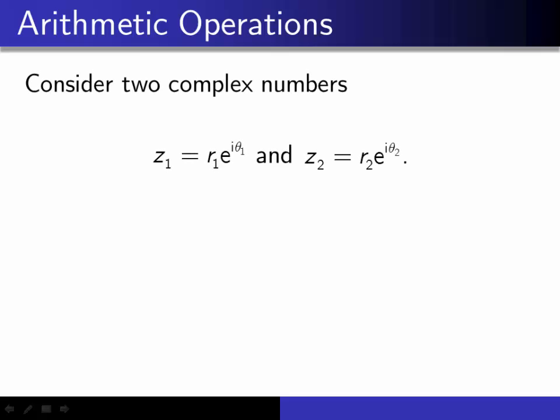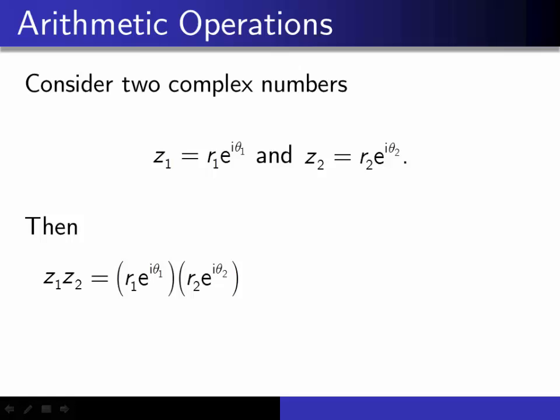Now, suppose I have two complex numbers. They are written in exponential form. By now, you should be able to draw parallels immediately to how they will look in polar form. Now, if I have these two complex numbers and I multiply them by each other, what I'll get is this.